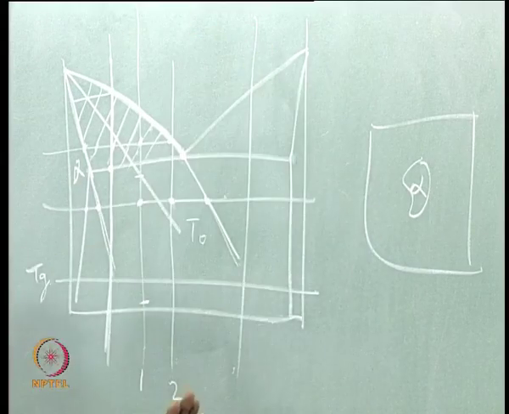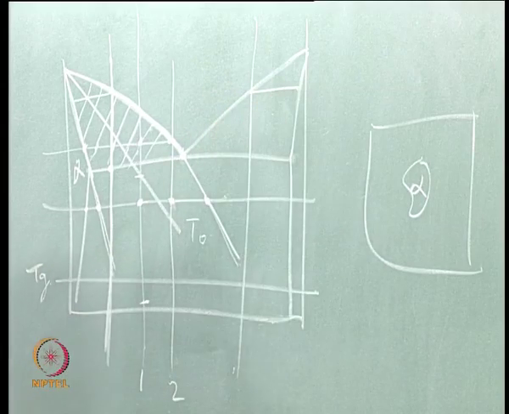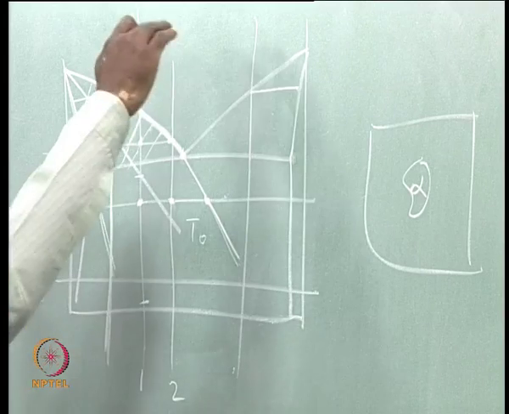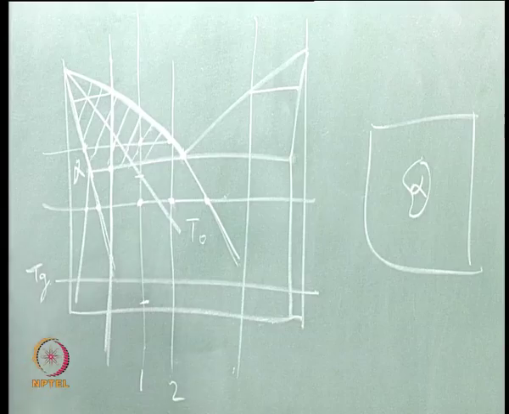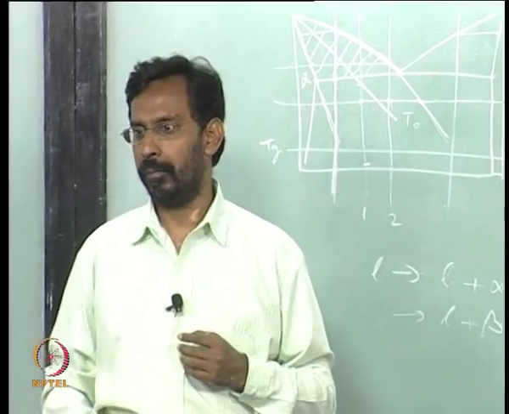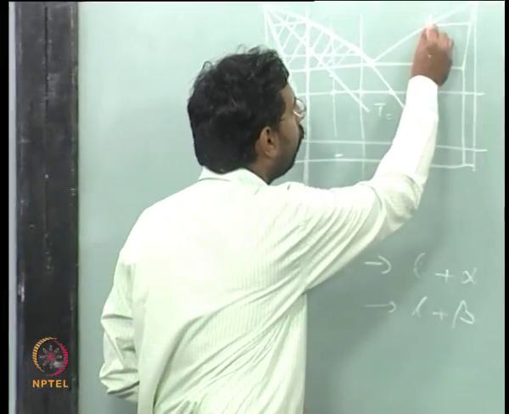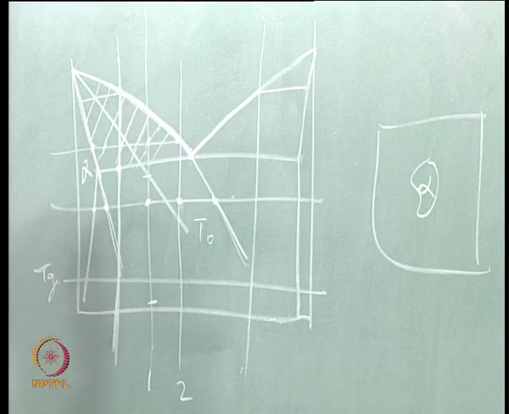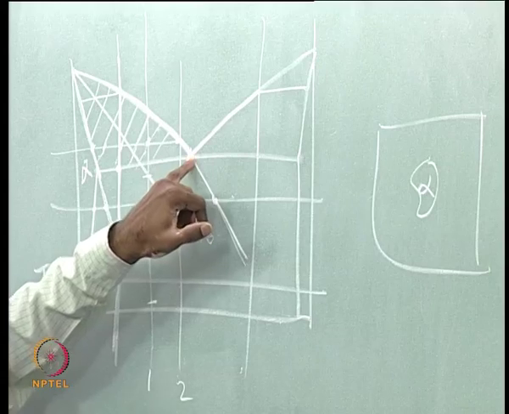If you are on this side, it is beta that comes out first, of this composition, and as you come to lower and lower temperature, more and more beta comes, and because beta is B rich, the liquid gets depleted in B. All the B in the liquid goes into the beta, and as a result the liquid composition changes, and then once you reach eutectic, the liquid composition is always that.